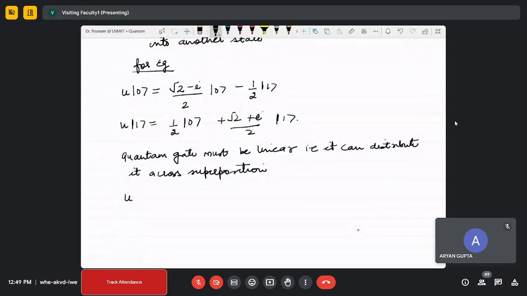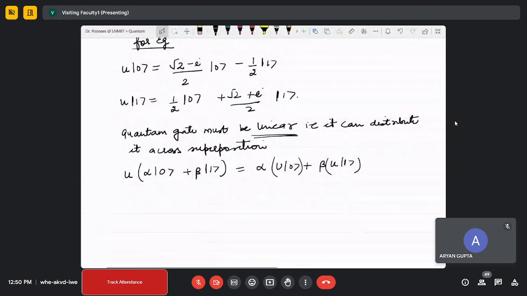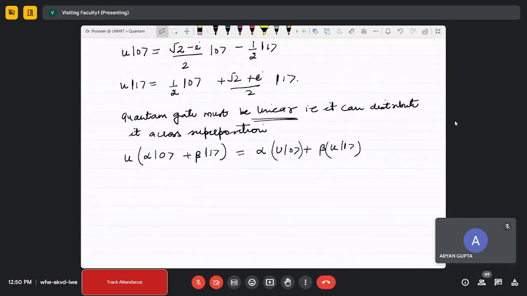Our qubit is not just 0 or 1, it is a superposition. So the gate should work on a superposition. That is the requirement. In what manner? Simply, if it is alpha times the 0 state plus beta times the 1 state, the gate can work in this manner.